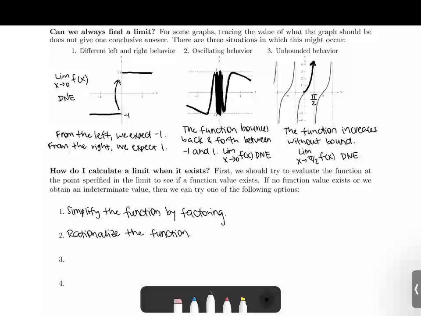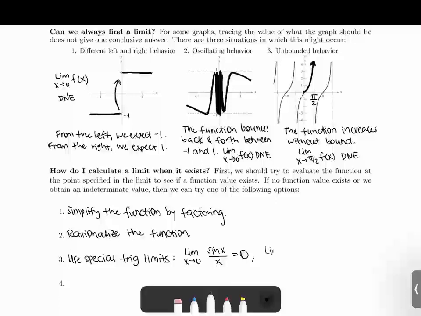The third option is using special trig limits. If you haven't gotten here in your course yet, that's fine. They should be coming. These are just limits for us to memorize. If our function involves a sine, we can try and rewrite it to involve a fraction that has sine of x over x.